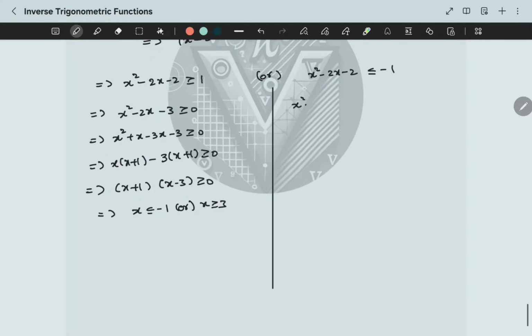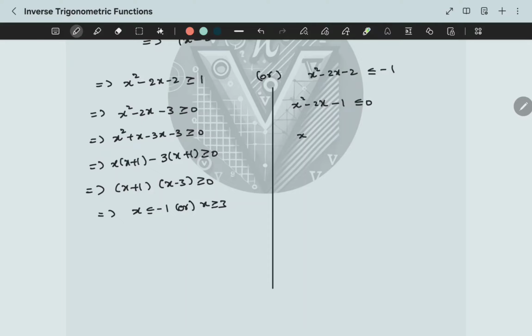And here x square minus 2x minus 1 is less than or equals to 0. You can even write it as something like this.